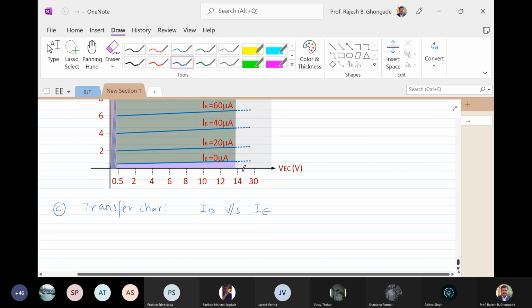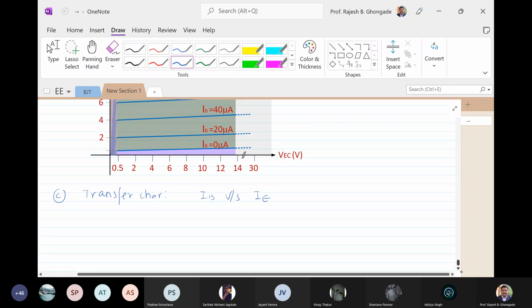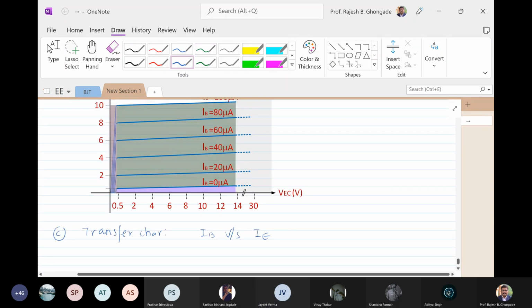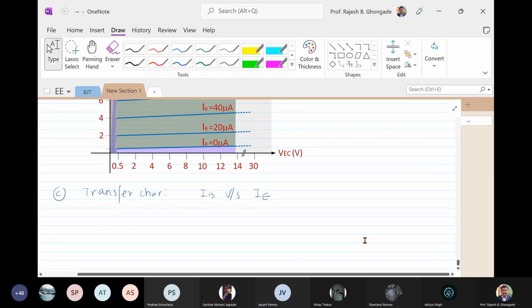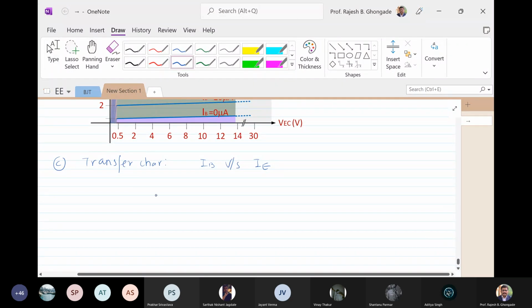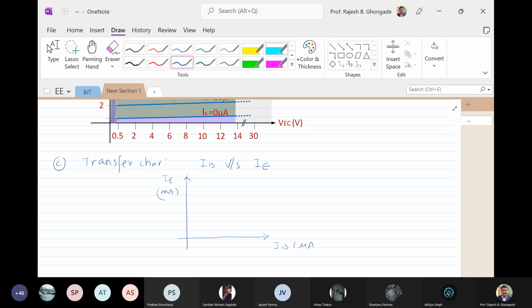So again, you expect a linear relationship. I draw it here. This will be IB in microamperes. This will be IE in milliamperes. You may get a curve like this one.